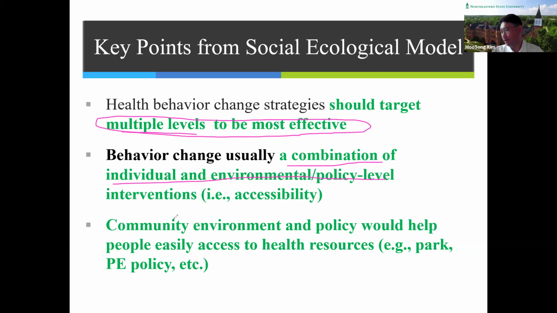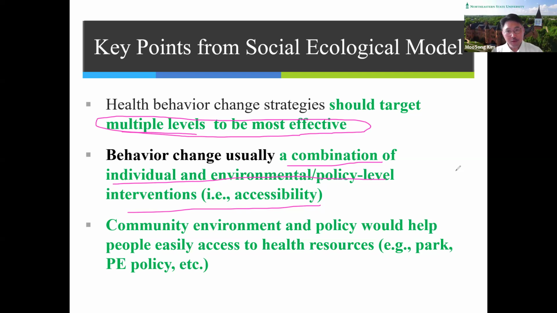This is the important key of the social ecological model, right? So let me explain the meaning of this combination of individual, environment, and policy levels. It means we help people increase their motivation, attitude, or knowledge.